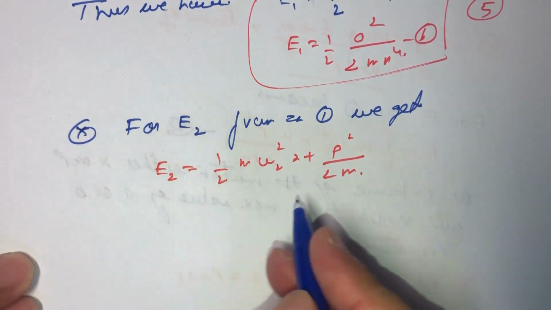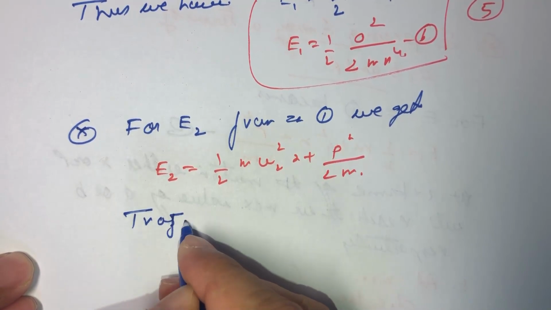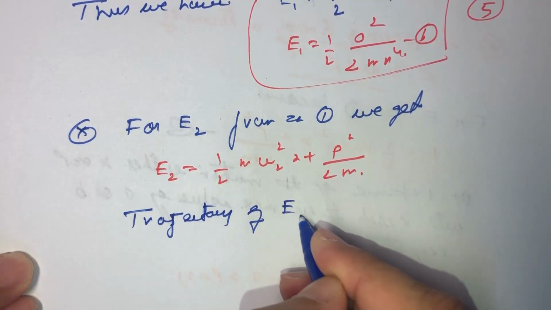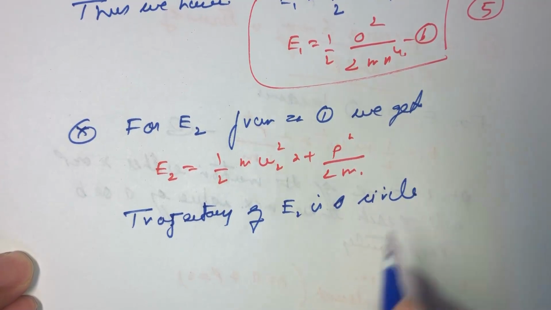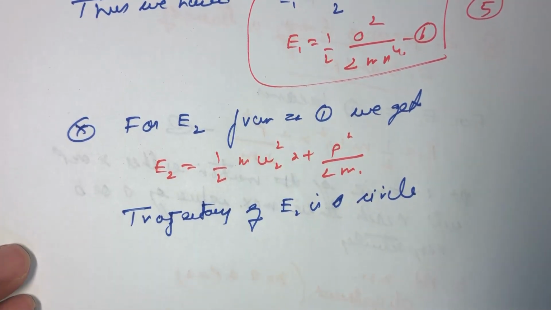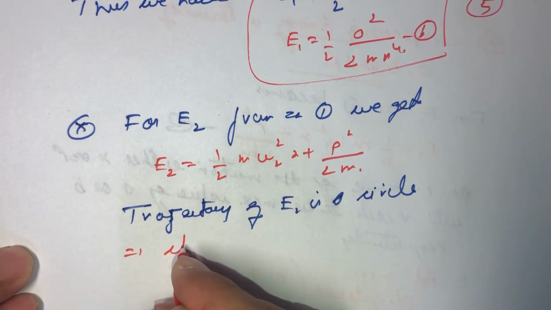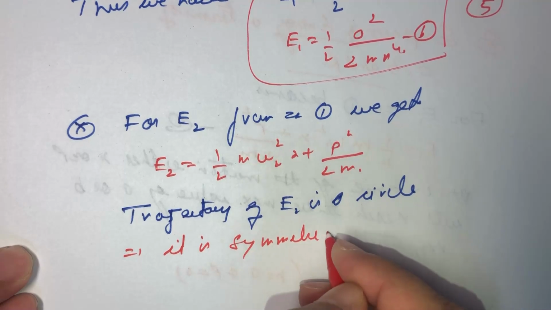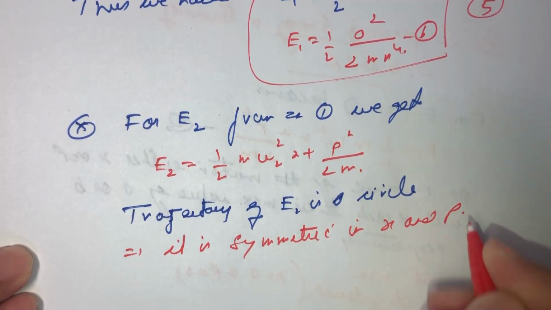From the figure we can say that the trajectory of E2 is a circle, which means it is symmetric in x and p.